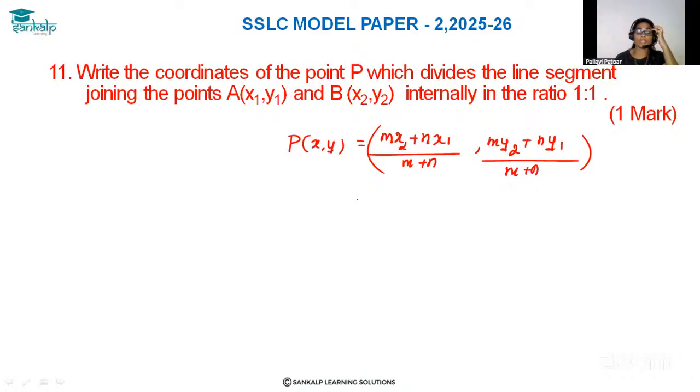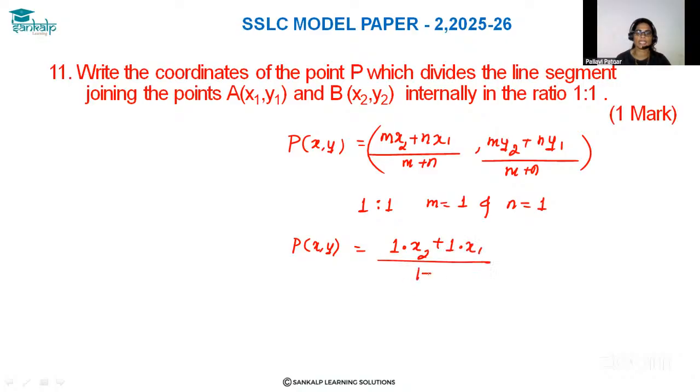Okay, so when the ratio is 1:1, we substitute m is equal to 1 and n is equal to 1 into the formula. So we get P(x, y) is equal to (1 into x2 plus 1 into x1) divided by (1 plus 1), comma (1 into y2 plus 1 into y1) divided by (1 plus 1).